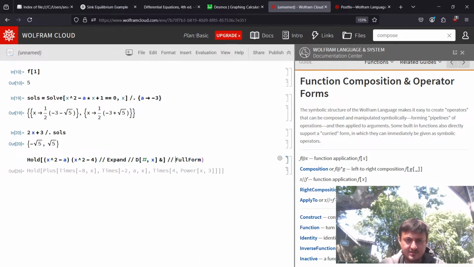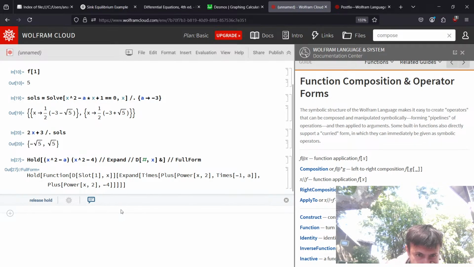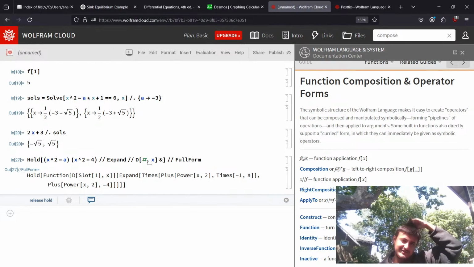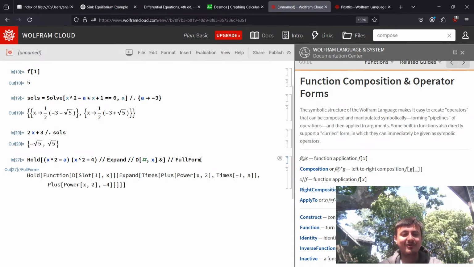No, let's just delete this. Yeah, that's so cool. They just have so much cool syntax. It's so hard to remember, but dang, is it powerful.